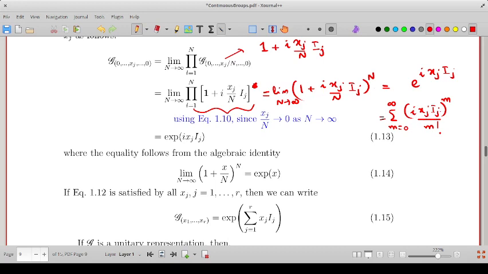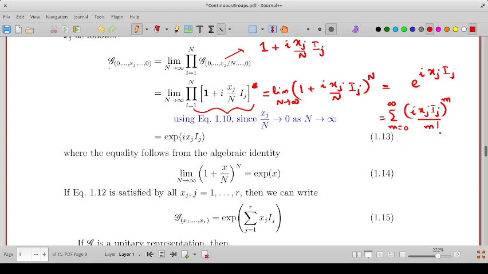Here, remember, the ij's are operators. So the product of operators is defined. Therefore, the powers of operators are defined, and the sum of them is also defined. Sum of operators is also defined.